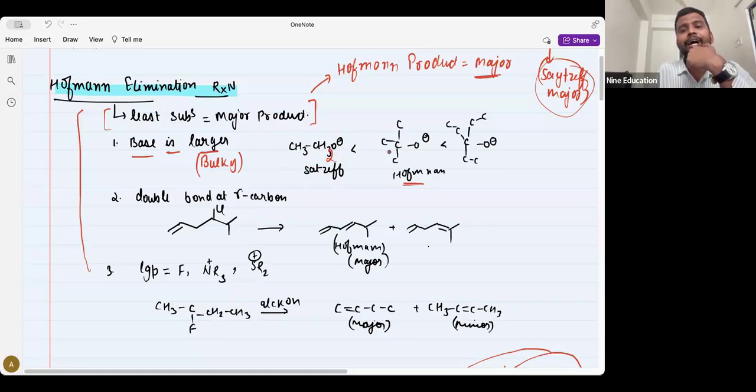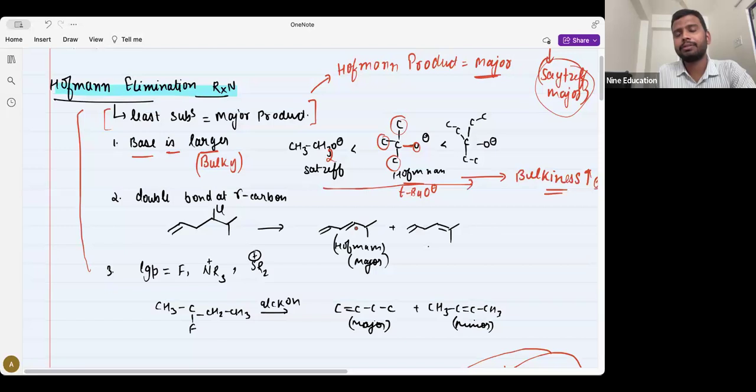Second base, if I have this tertiary butoxide, 3 carbons on a single carbon, then we have oxygen minus. This also acts as a base. And if I increase the carbons on this base, it will act as bulky. So bulkiness is increasing from left to right.